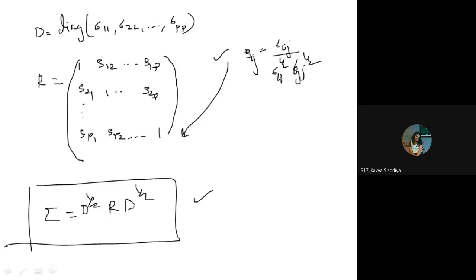So this will be very useful. Whenever you are given the correlation matrix, and if you know the variances of each variable, you can easily obtain the variance covariance matrix. And suppose you wish to find the correlation matrix, then just, do you know that a diagonal matrix is invertible? What is the inverse of D?